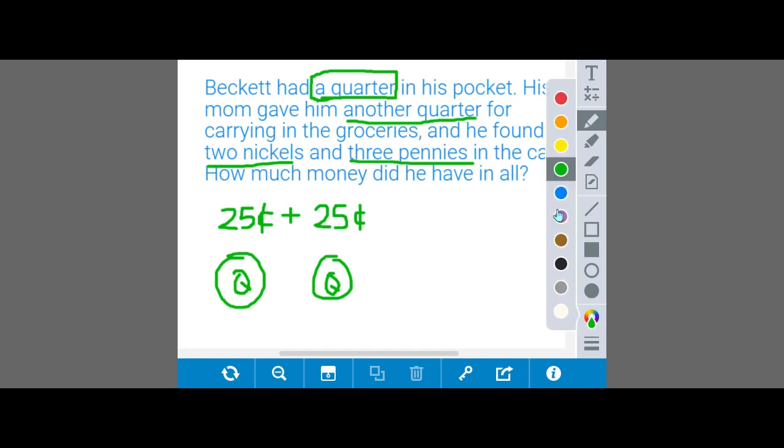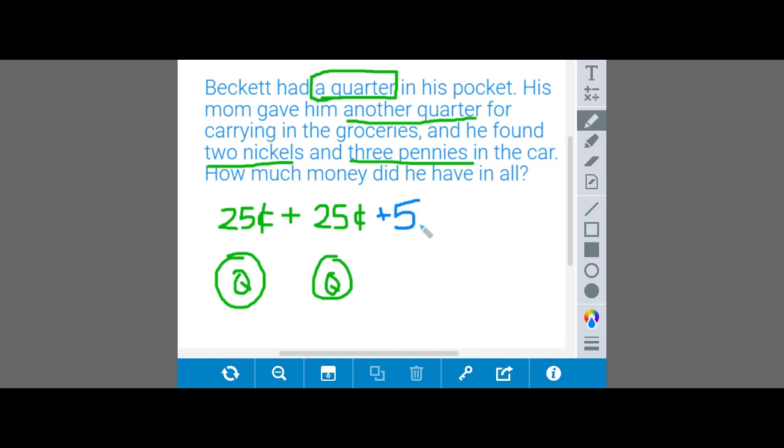And he found two nickels and three pennies in the car. So I'm going to make my nickels a different color. Let's make them blue. So he found two nickels. Now, each nickel I know is worth, ooh, that's a terrible five. Let me use my eraser real fast. Let's go ahead and clear that off. Sorry about that, guys. So I know that a nickel is worth 5 cents.